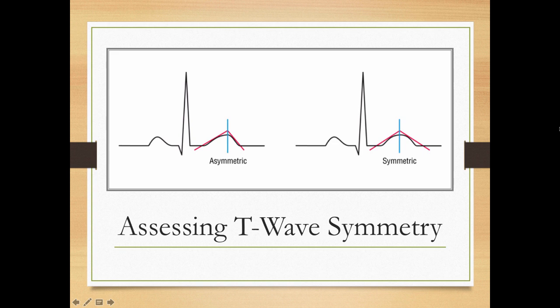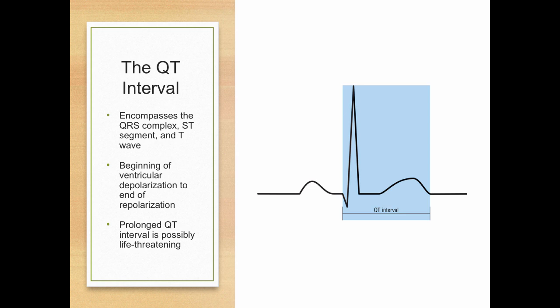Those symmetric T waves are an indication of a number of problems. So in my normal patient, I should have a normally asymmetric T wave. Don't you worry, we're going to get to those T waves later on and really dig into them.